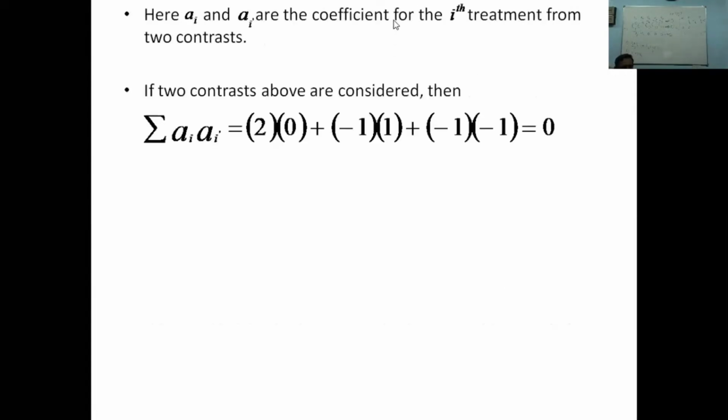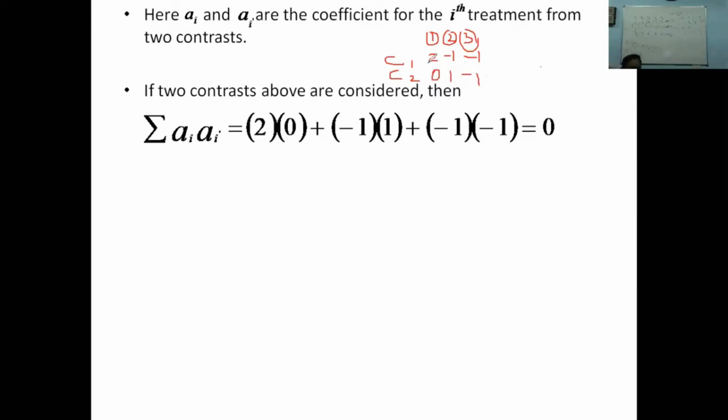You can write it as the contrast of the earlier one, for first treatment, second treatment, third treatment. For the first treatment, we have 2. Second treatment -1. Third treatment is -1. So this is contrast 1. Contrast 2 is 0, 1, and -1, from the previous example.